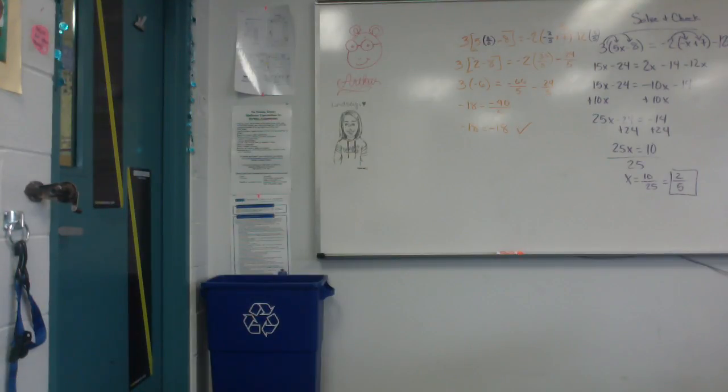Those are pretty simple. Let's do 3 through 13 odd. And then let's do 21 through 27. Let's see, over here, the distributive property, and checking your solution.